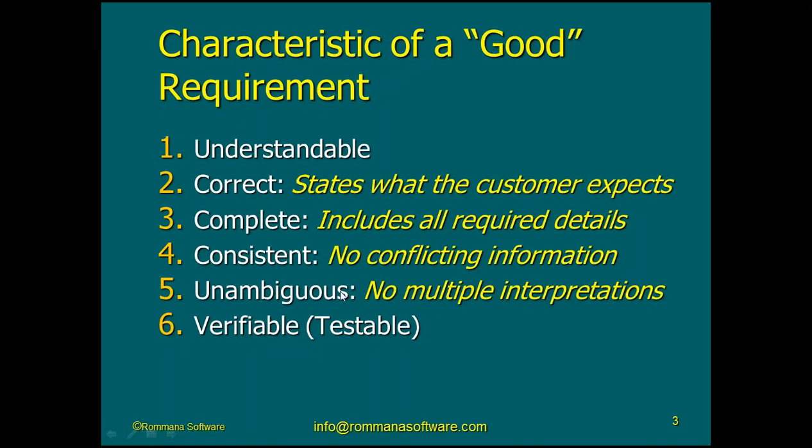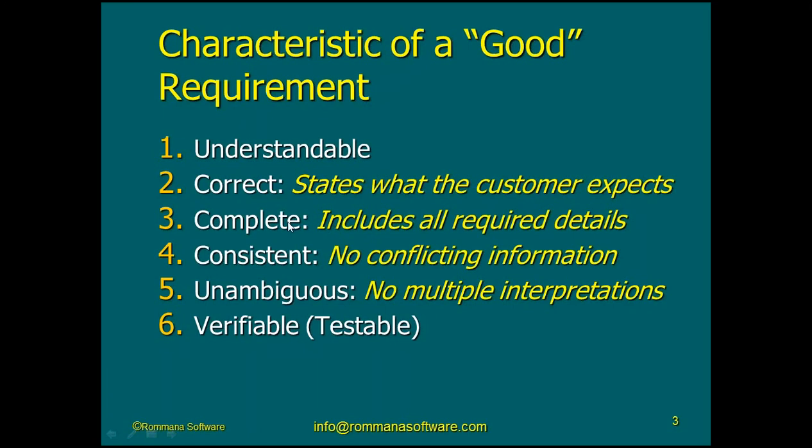Also, if the requirement is not complete, it will be ambiguous as well. When a requirement is incomplete, meaning that it is missing details, leaving out details leaves some room for people to make assumptions.